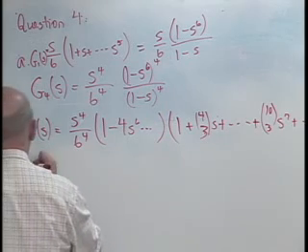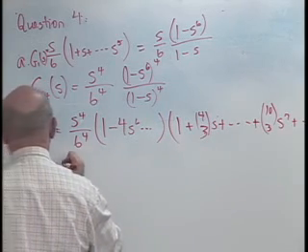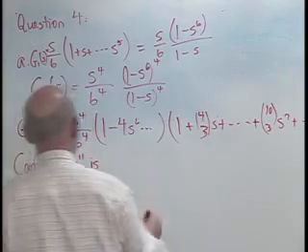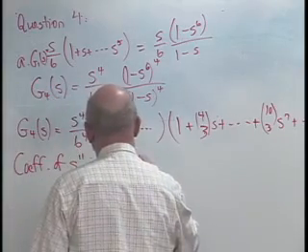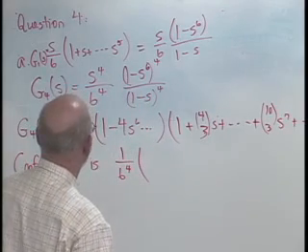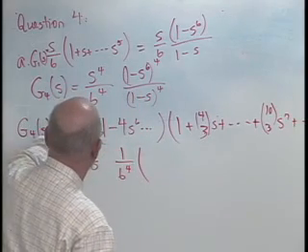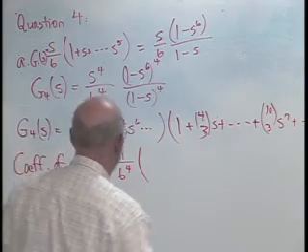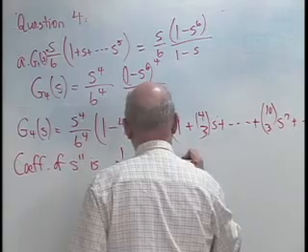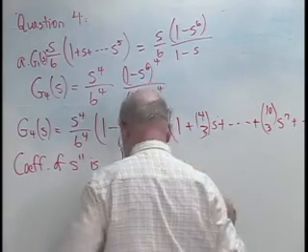And the coefficient of s to the 11th is 1 over 6 to the 4th times, well, we've got a term with a plus sign, which is 10 choose 3 times s to the 11th.